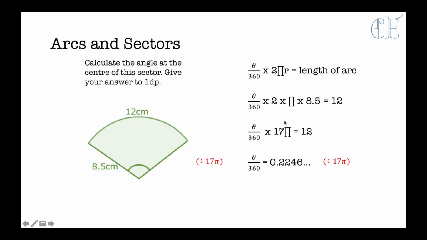On your calculator you would have done 12 divided by 17 pi, so now it gives us this decimal answer. The final thing we have to do is times by 360, because we need to get theta. So 0.2246 times 360 gives us 80.9 degrees for the angle at the centre.